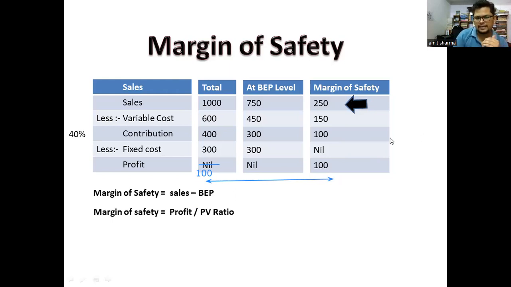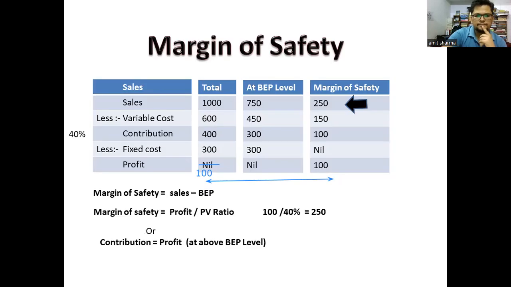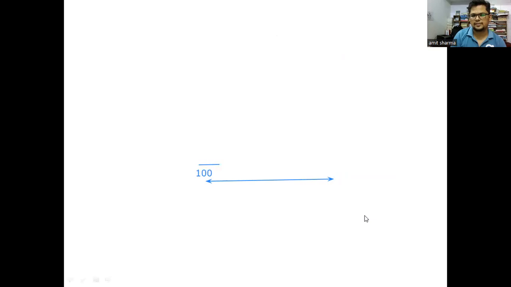So here the profit is also equivalent to contribution, and if the contribution equals the profit, and contribution is 40%, then the sale will be 250. I hope you understand this concept.